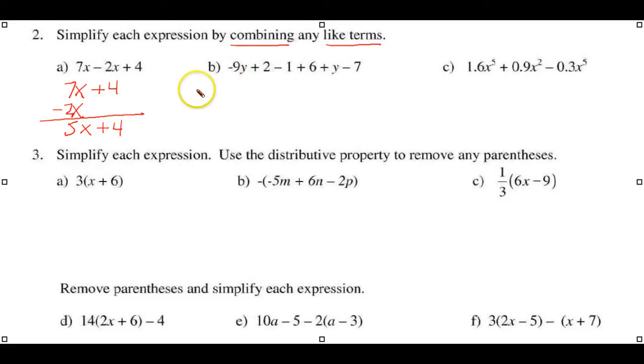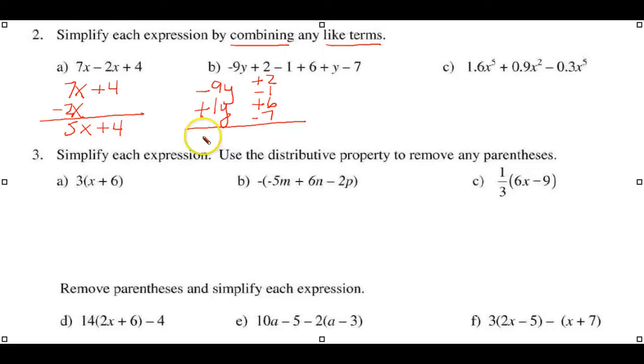But another way is negative 9y, and then you have a positive 1y. Now there wasn't a 1 there. I put it there just to help with calculations. Then we have a plus 2, a minus 1, a plus 6, and a minus 7.